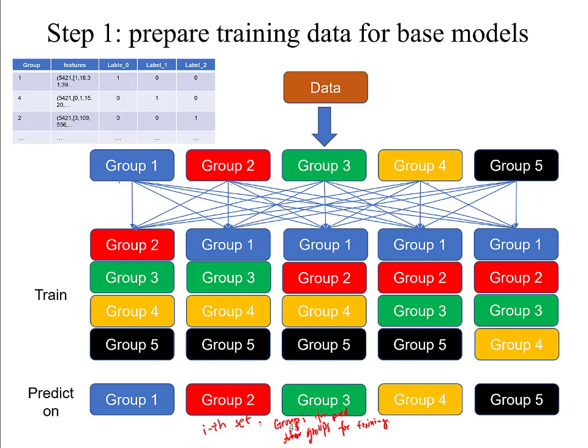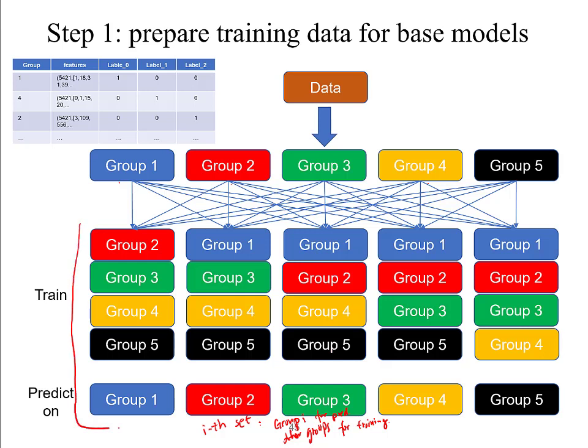As you can see here, the group that is for prediction is exactly group i, so 1, 2, 3, 4, 5 here, and the rest are used to train base classifiers.